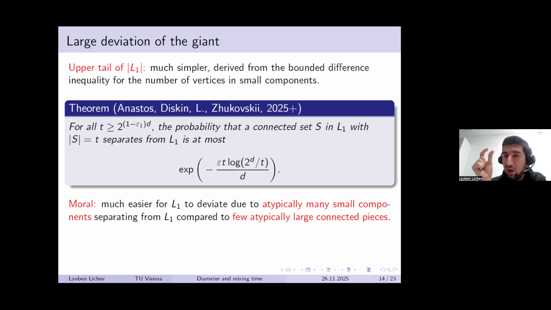actually do not create new small components, you can destroy some small components. But the number of vertices you lose in small components, if you add an edge, is at most 2 times your threshold. Now if you remove an edge, you have the opposite effect.